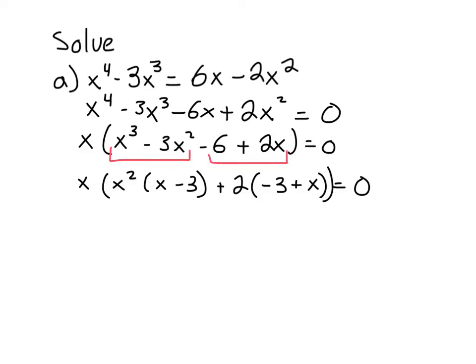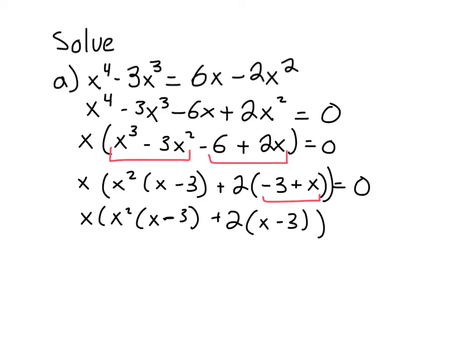Right? Now, I could rewrite this one a little differently. I could rewrite it as x minus 3 plus 2. Now see, negative 3 plus x is the same thing as x minus 3. Just kind of rearranged it.